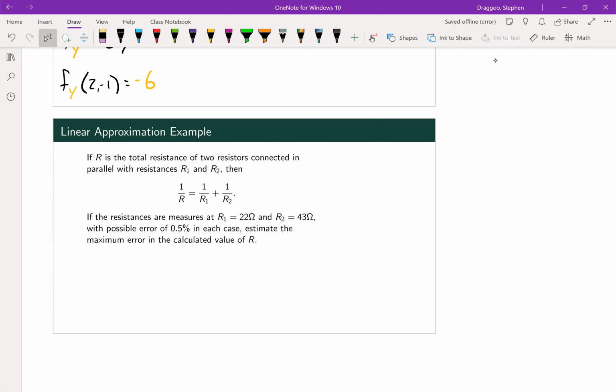So what we'll say here is that R should be approximately equal to the linearization of this function at R1 and R2. So R1 and R2 are going to be our two variables.